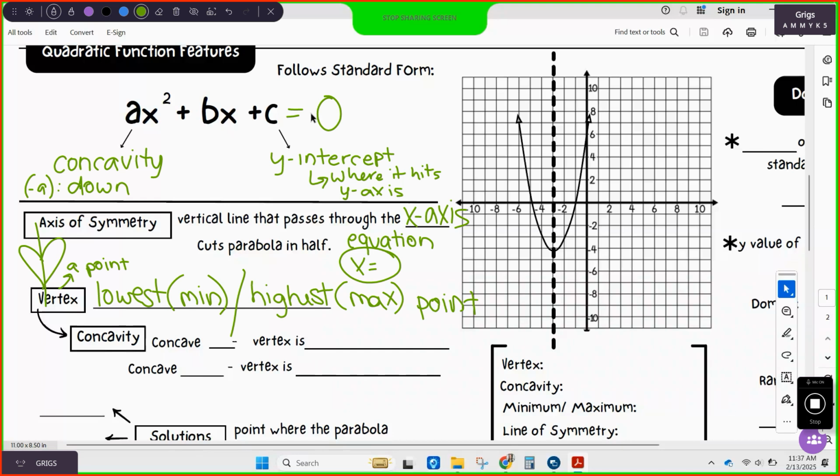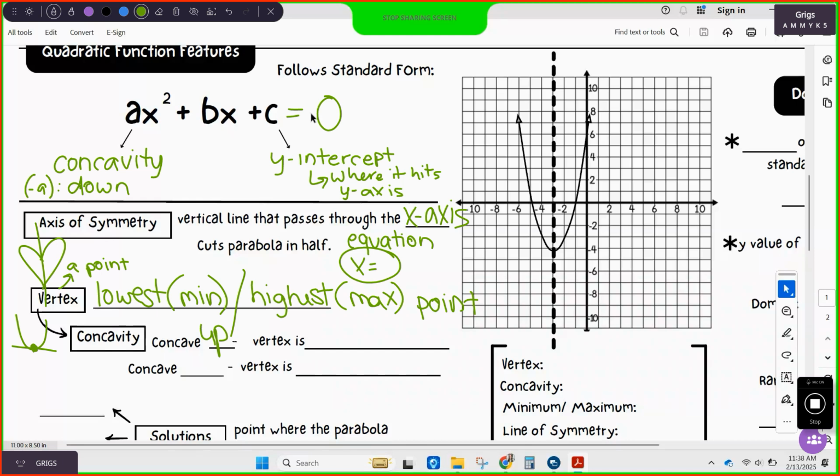So let's talk about that. Concavity is how something rounds out. It's like a sciencey term, right? So this would be concave positive, up, which would give me a positive a value. So if it concaves up, is your vertex the lowest point of the parabola or the highest point?